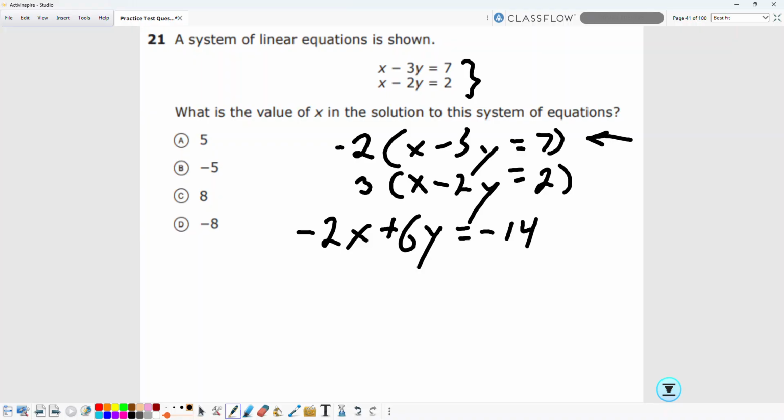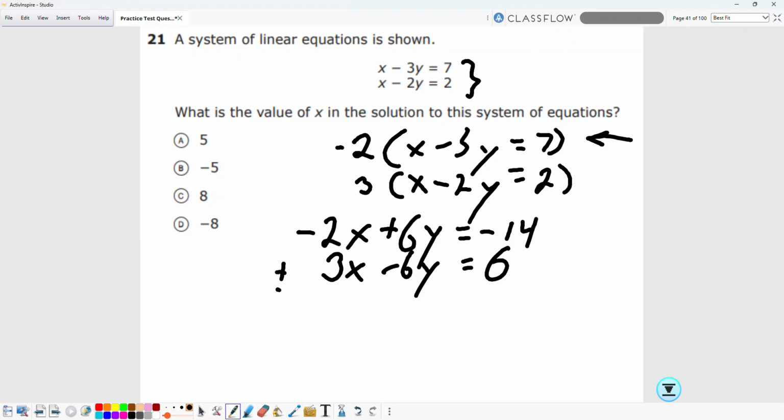And then I'm going to add this together with 3x minus 6y equals 6.